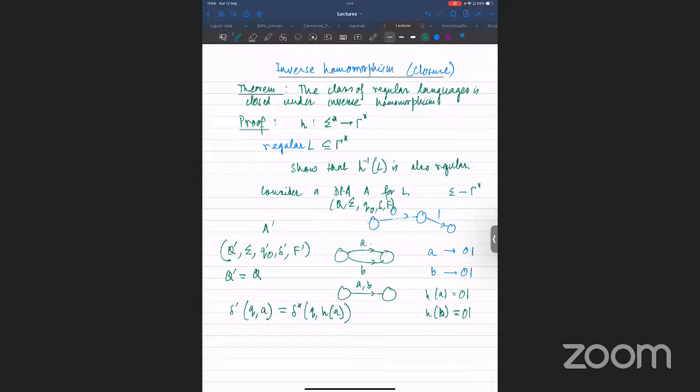And all you need to prove, by induction again, by induction on the length of a string, is that A prime accepts x if and only if A accepts h of x, right?